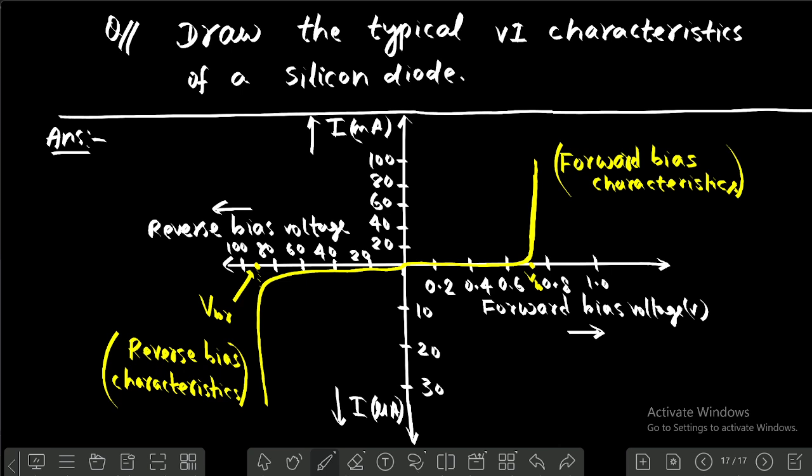So below this graph you write VBR is breakdown voltage and VB is knee voltage. For a silicon diode, at 0.7 the current will increase. For a germanium diode, at 0.3 the current will increase sharply in forward bias.